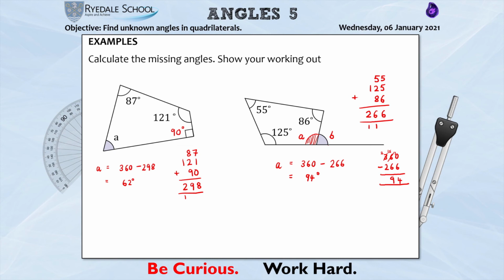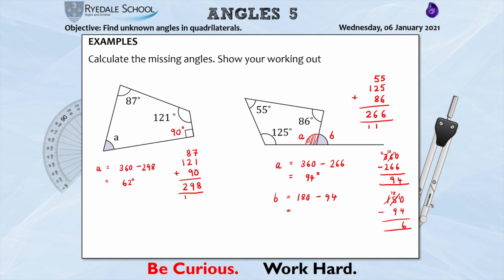I was trying to work out this shaded angle, which I've called B. So what's the extra angle rule that I'm going to use? Yes, it's angles on a straight line. So B is 180, take away 94. Again, place value method. 0 take away 4, I cannot do, so I will exchange. 10 take away 4 is 6. 7 take away 9 I can't do.